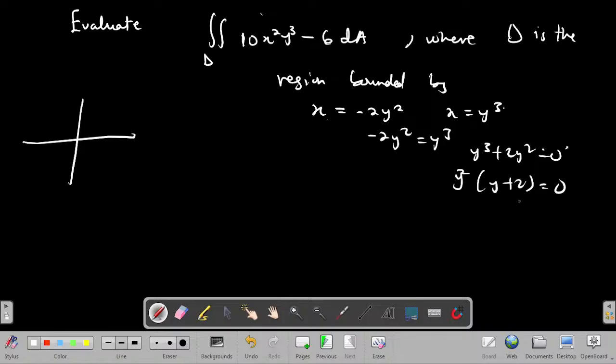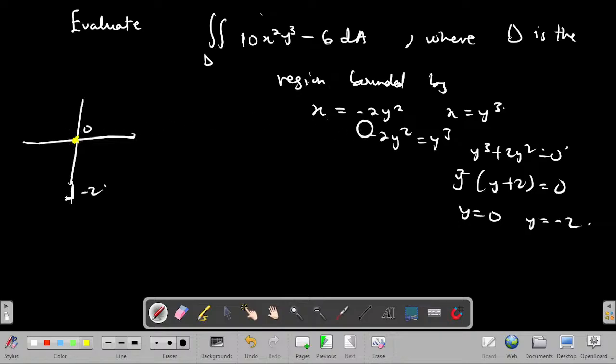So what will my y be? y is going to be 0, y equals negative 2. So these are the values for our y. And what is x? Let's find the corresponding values of x to get a boundary. If y is 0, x is going to be 0.